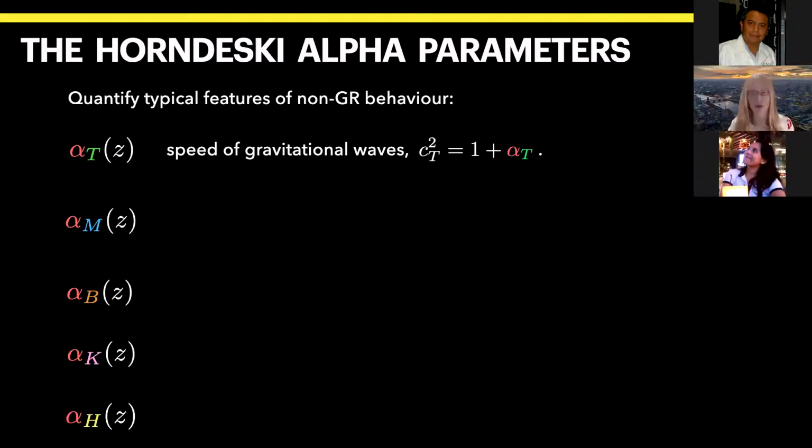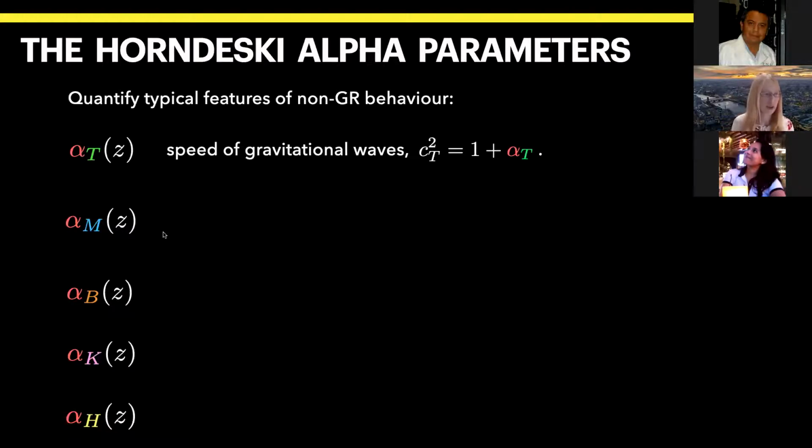The speed of gravitational waves we write as c_T, T standing for tensor mode, and that's equal to 1, in my units the speed of light, plus alpha T. And alpha T could in principle be positive or negative, giving gravitational waves that travel faster or slower than the speed of light. In this particular case, faster than the speed of light does not imply causality violation, if that's something that pops into your head. So we'll meet that parameter shortly.